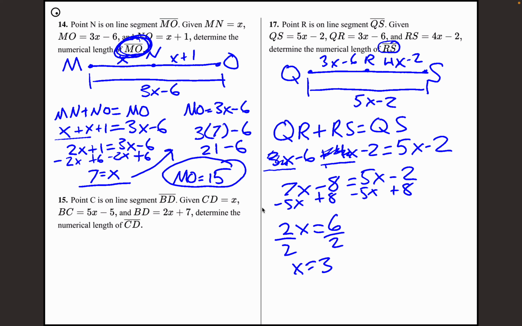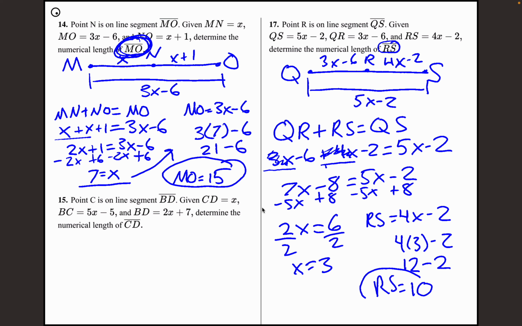So we have to plug our value of 3 into RS. RS equals 4x minus 2. We plug in our 3, so that gives us 4 times 3 minus 2. 4 times 3 is 12, minus 2 is 10. So RS equals 10.